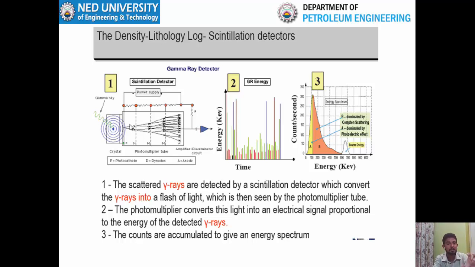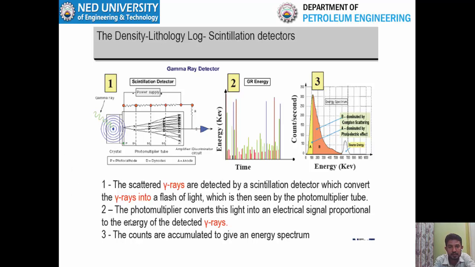So detectors in the density tool are similar. They are measuring the gamma rays coming from the formation, but in this case the gamma rays coming from the formation are the ones we have bombarded into the formation. They are not the natural response of the formation. So gamma rays from the formation that we have bombarded through the source are coming, and the same effect is happening.